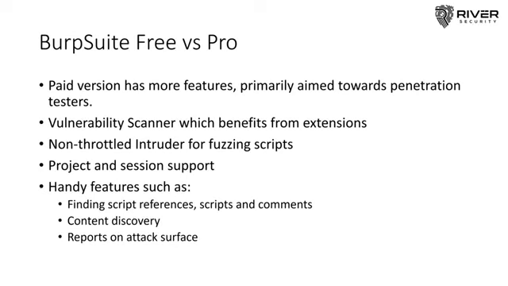So I want to quickly run through what features are missing from the free version compared to the Pro version. Not that I have any stakes in Burp Suite whatsoever. I don't make any money off the tool. I just simply love it, and it's a very good tool to utilize in finding vulnerabilities on web applications. One of the best features of the Pro version that you unfortunately don't have in the free version is a vulnerability scanner.